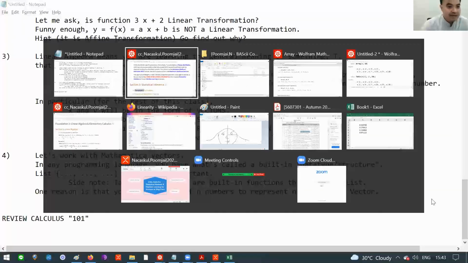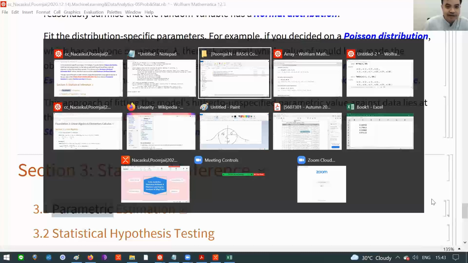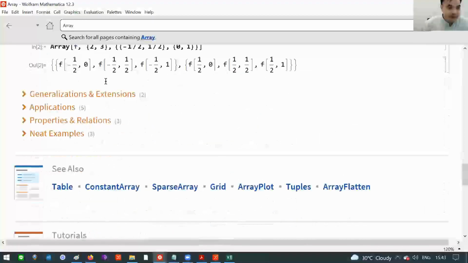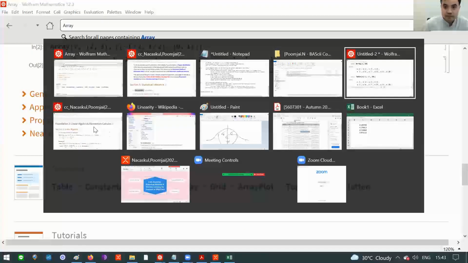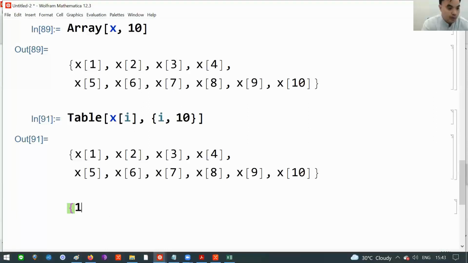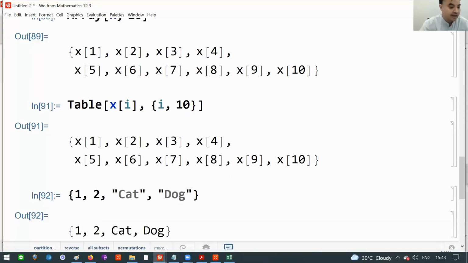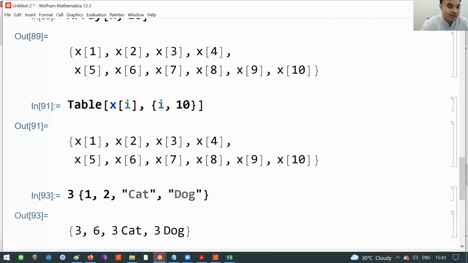Now, in Mathematica, it's both general and specific. If I write something like this, 1, 2, cat, dog, right? This is not a vector. It's a list of things. I can't do something like 3 multiplied by that.